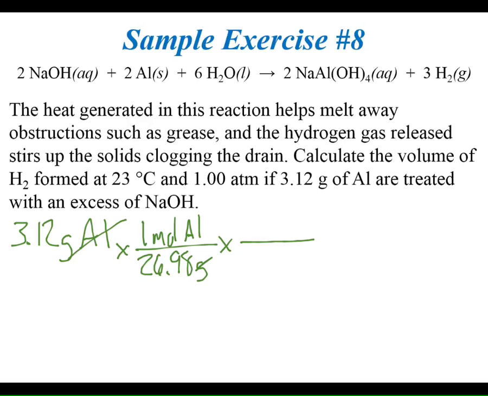So how do I relate aluminum to hydrogen? For every 2 moles of aluminum, it's 3 moles of hydrogen. Okay, good. So let's figure that up here: 3.12 divided by 26.98 times 3 divided by 2. 0.173 moles. Is that what you got?